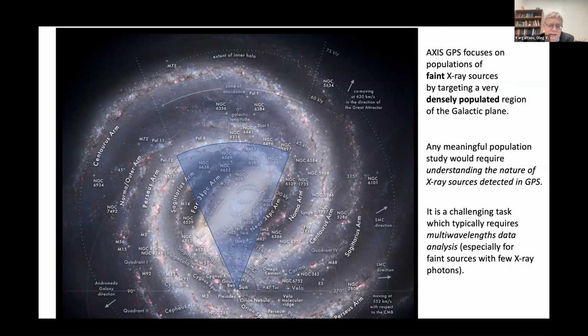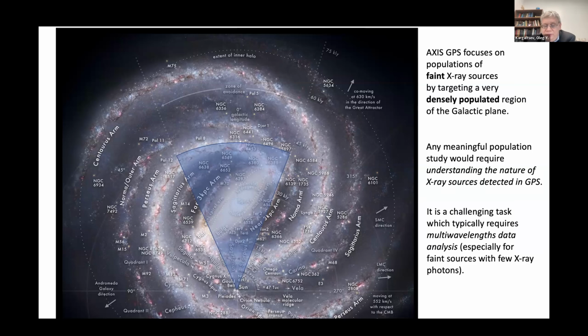Now, this is quite challenging for two reasons. First, it's densely populated regions, so one has to be able to assign multi-wavelength counterparts in order to do successful classifications of faint X-ray sources. Because if your X-ray source is bright and you have a lot of photons, maybe you can see an iron line complex or pulsations, and you can classify your source.